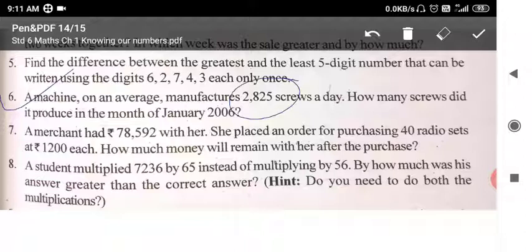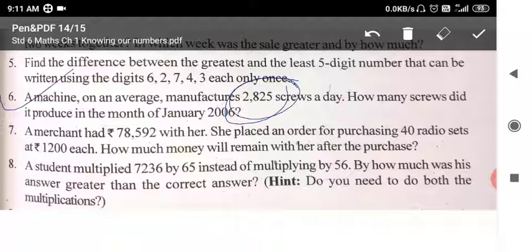One machine is there. On an average it manufactures 2825 screws a day. Means in a day it is producing 2825 screws. So how many screws did it produce in the month of January?